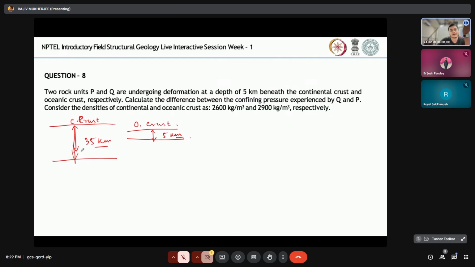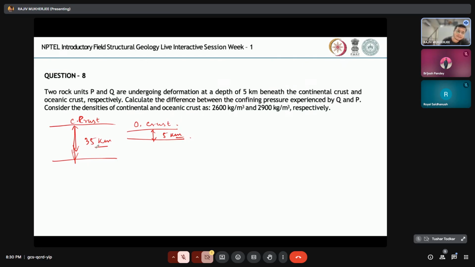You must have heard about Airy's and Pratt's principles of isostasy, and that is how it is related. It is simply coming from the buoyancy of these crusts which are overlying the asthenosphere, and their disposition over the surface is controlled by their thickness and their density.